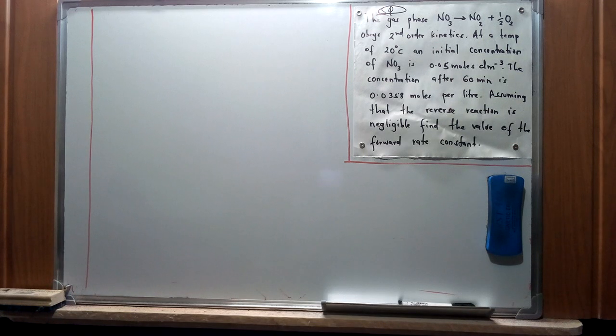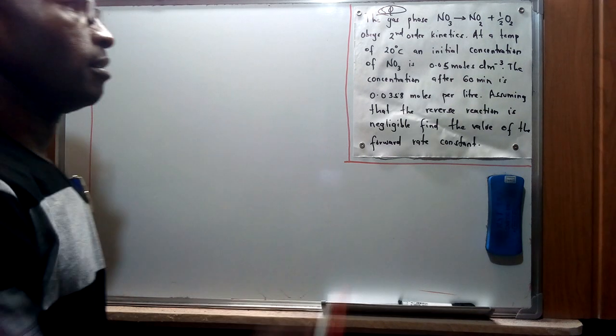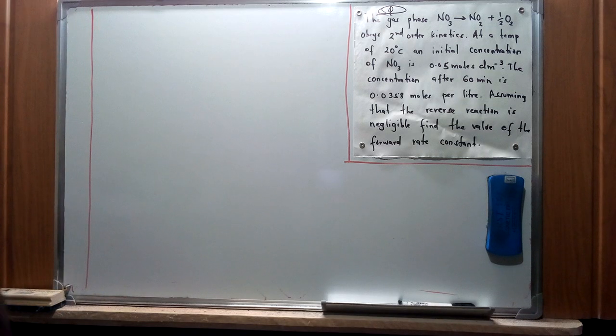So in this case, we're going to look at second order reaction kinetics, using the equation I've posted on the board, and I'm going to read it. The gas phase nitrogen trioxide forms those products and obeys second order kinetics. At a temperature of 20 degrees centigrade, the initial concentration of nitrogen trioxide is 0.05 moles per decimeter cubed.